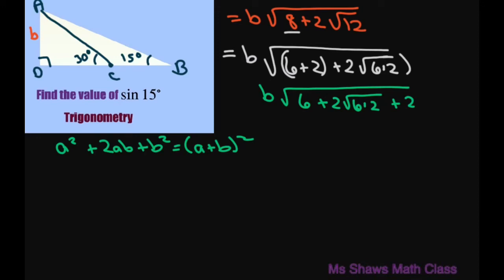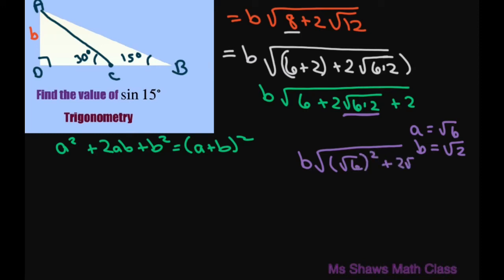That means my a is square root of 6, and my b is square root of 2, because I could write this as b times the square root of 6 squared plus 2 times square root of 6 times square root of 2 plus square root of 2 squared.